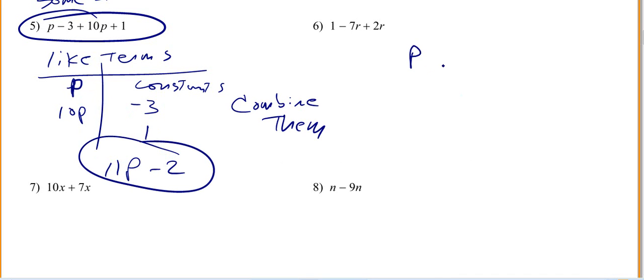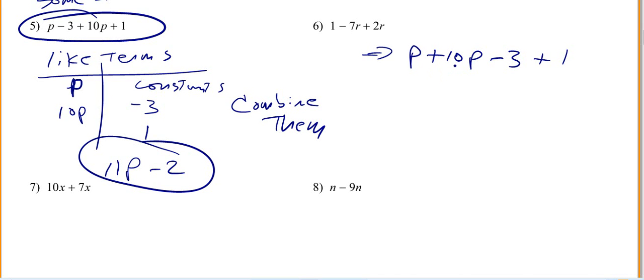Or, some people like to do it this way. They like to do p plus 10p, and all I'm doing is rewriting with my like terms next to each other. The benefit to doing it this way is it's a lot easier to get everything added and subtracted, because your terms are right next to each other, so you don't have to go looking for them.